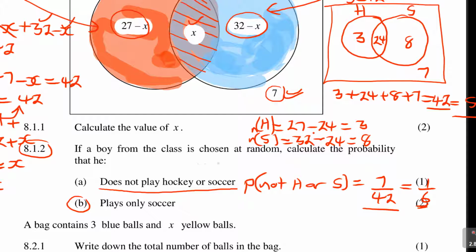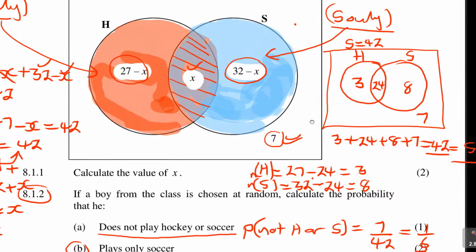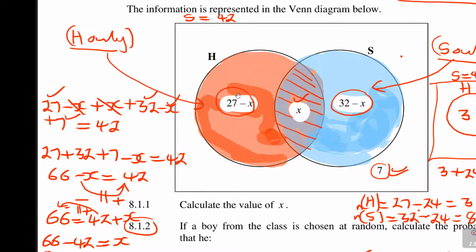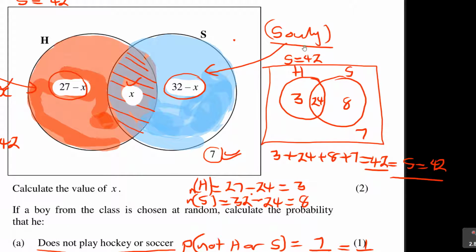And then the next one says find the probability that if a boy is chosen from the class at random, he plays only soccer. So you want to find those who are playing soccer only. If I come here, you see hockey only, I show with an arrow. Soccer only, I show with an arrow. We said it was 32 minus x. And 32 minus x was this number 8.